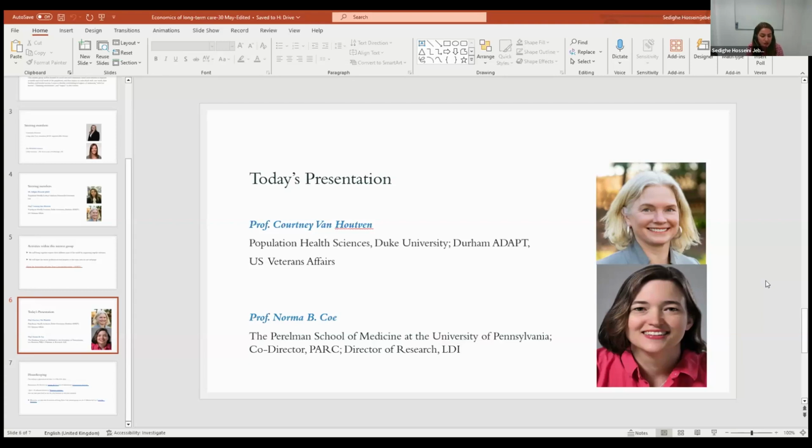She has a research interest in health economics and public finance with a focus on causal effects of policies on human behavior, health, and healthcare utilization. Professor Coe is also the co-director of the Population Aging Research Center and also director of research at the Leonard Davis Institute of Health Economics. The topic that she's going to present today is one of the interesting research pieces with her colleagues on home-based care and patient outcomes.